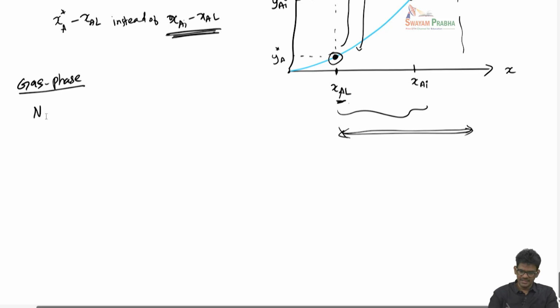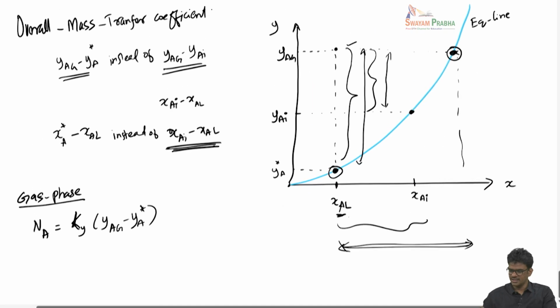So we would like to write this NA as some overall mass transfer coefficient, capital Ky, times YAG minus YA star, where YA star, as I said, is the one that is in equilibrium with XAL. XAL is the bulk liquid concentration.